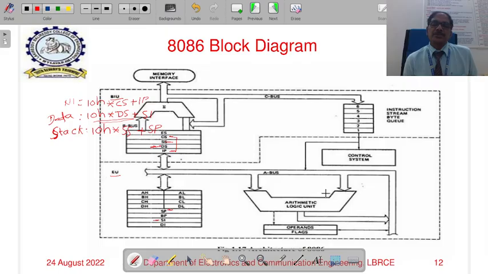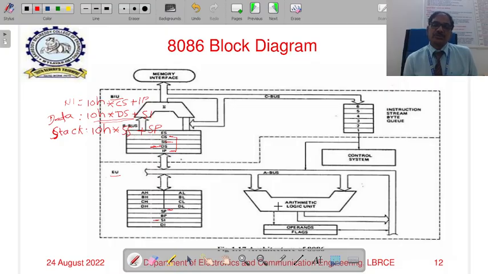After performing the operation, whatever result is produced can be stored back into one of the registers for the next operation, or from the register it may be stored into memory, or sent to IO devices. Immediately after producing the result, based on the status of the result, the corresponding flags will be updated.